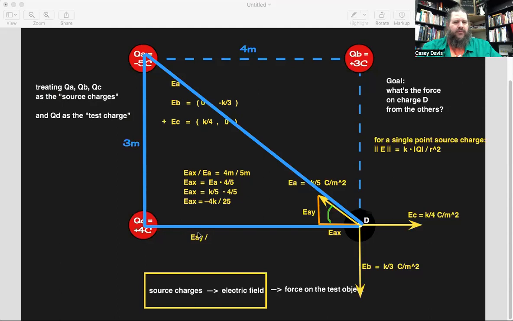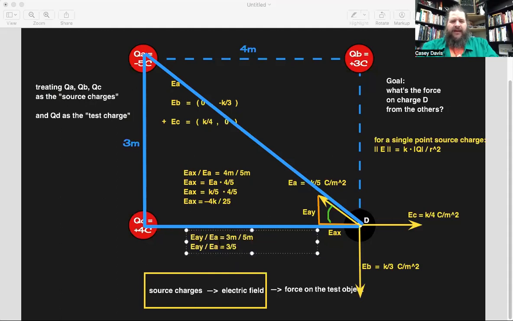Yeah, I think 3 should work. Not 3/5 though, but 3. Let's say EAY over the hypotenuse, same idea as we had before. The Y component over the hypotenuse has to equal the short leg over the hypotenuse of the other triangle. So that'll be 3 meters over 5 meters. So that ratio does work out to 3 over 5.